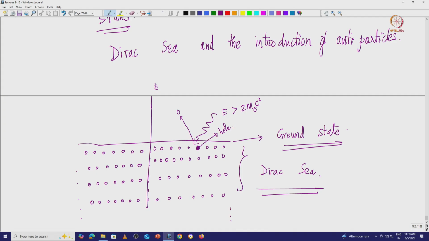This hole is the absence of an electron in that particular energy state, and it will look like a positive energy particle but with opposite sign of electric charge.